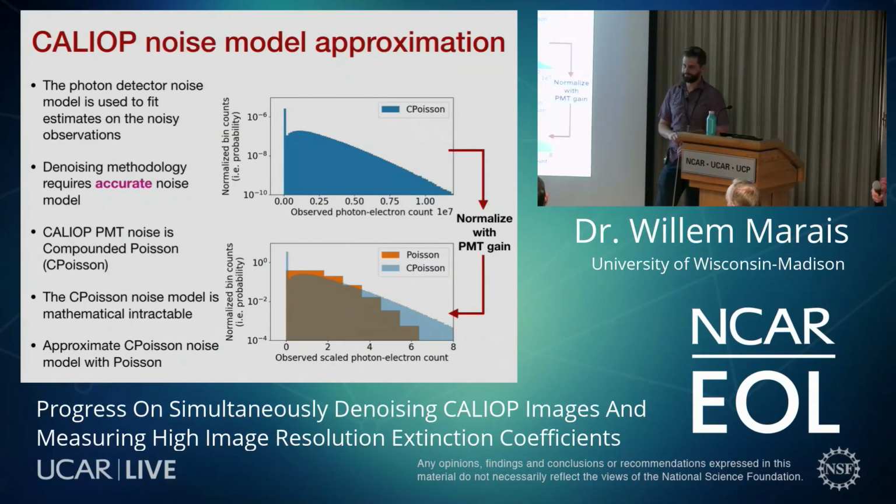Oh, it's not compound Poisson. You said that's a different Poisson. Yeah, this is compounded Poisson, that's the noise for CALIOP. Okay, this is the Poisson just by itself. Yeah. Other questions? Hi, Mike.